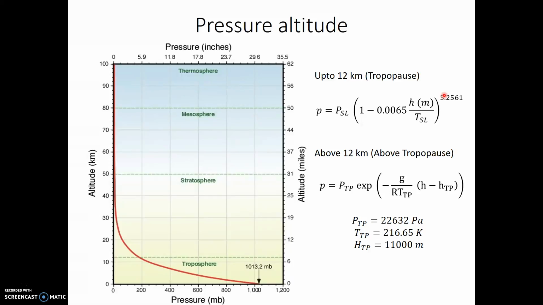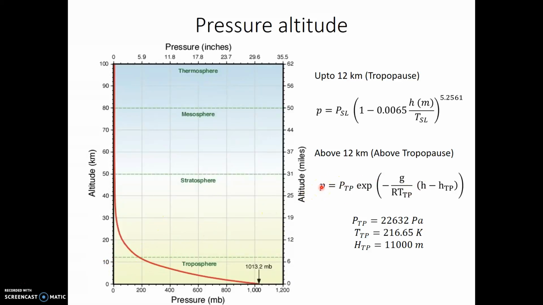So if you want to calculate pressure above 12 kilometers, then you use this equation shown here, where instead of using sea level as a reference point, you use the tropopause as a reference point.